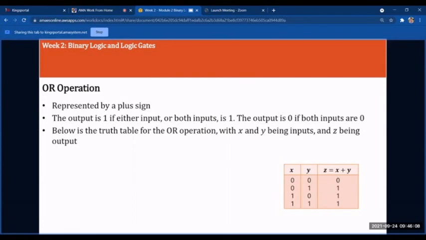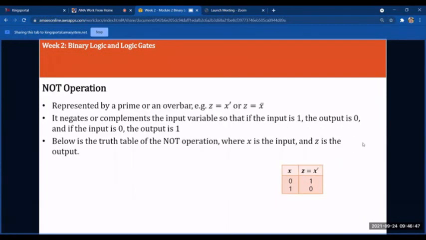Our output is symbolized by x plus y. If both inputs are 0, the answer is also 0. But if one of the inputs has a value of 1, even if the other is 0, the output will still be 1. If both inputs are 1, your output is 1. So what you need to think about with OR is whether one of the input values is 1. If none, that would be automatically 0.